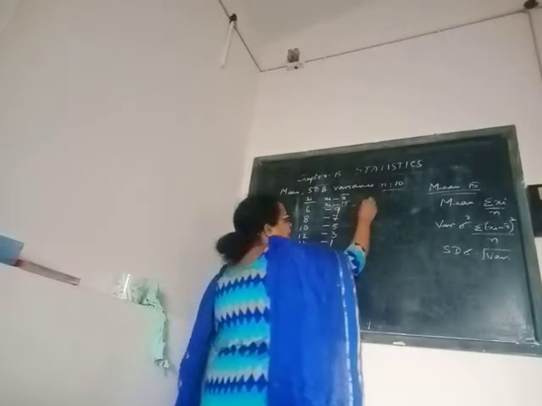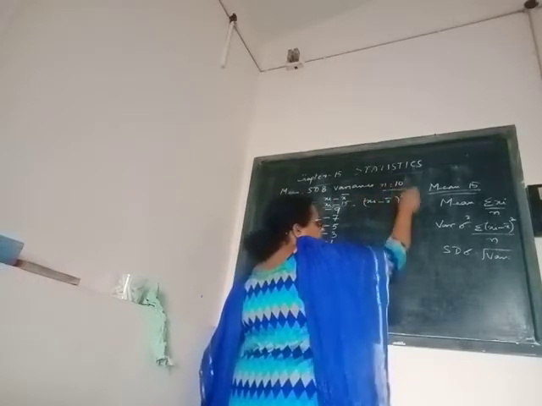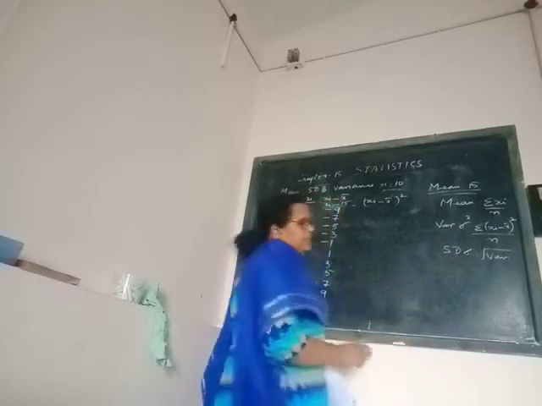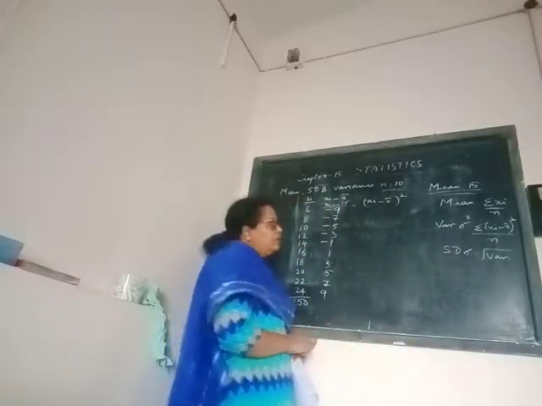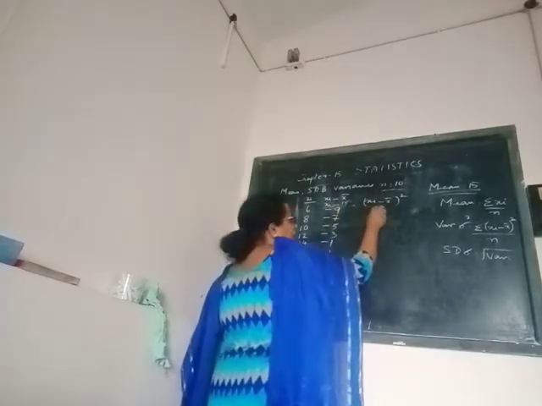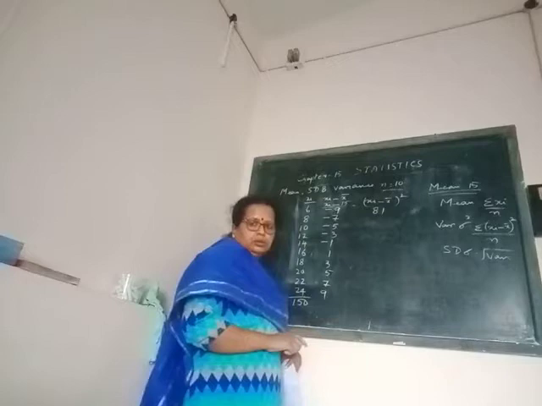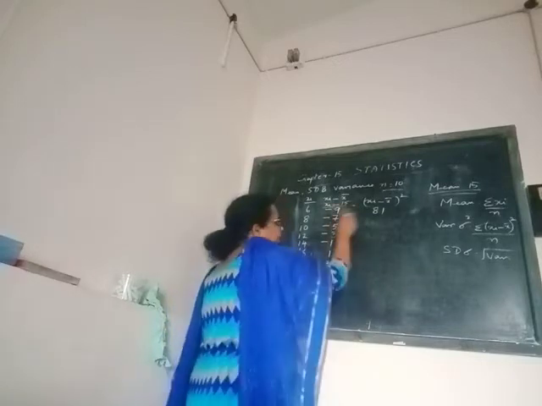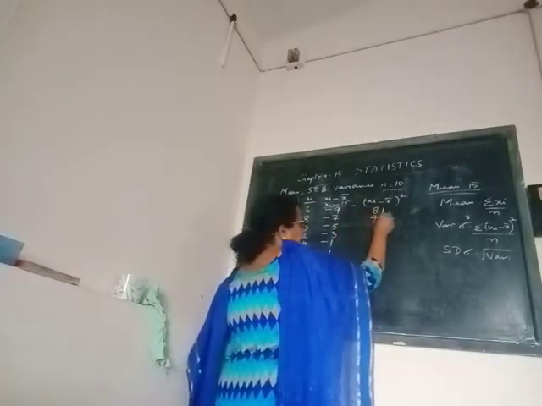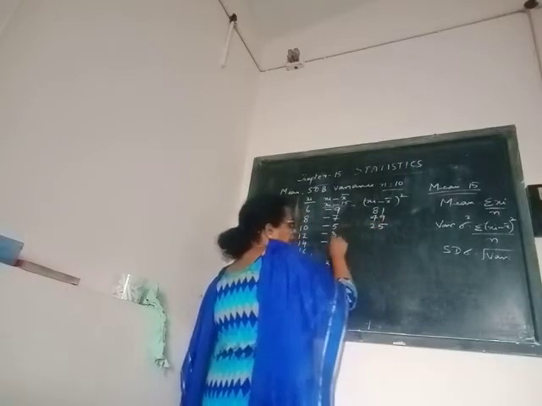What we want next is (xi minus x bar) whole squared, because in the formula we need sigma of (xi minus x bar) whole squared. So find the square of this column. Negative 9 squared, 81. Whenever we are squaring, no negative will come. Negative 7 squared is 49. Negative 5 squared, 25.